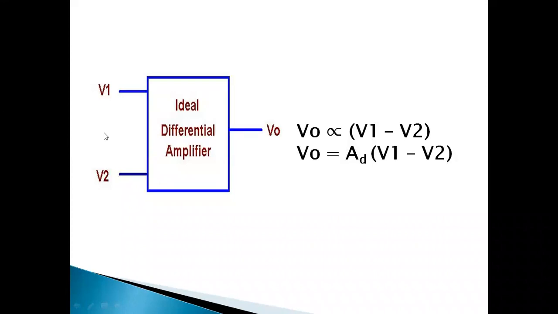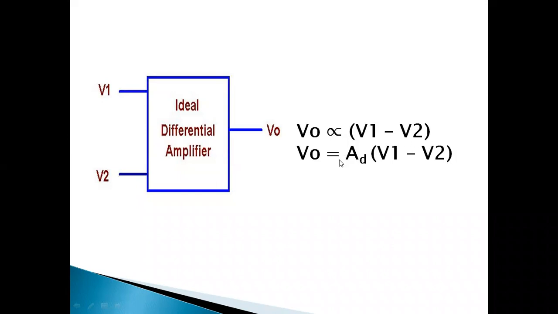The difference of these two input signals is represented as V1 minus V2. The differential amplifier amplifies the difference between these two input signals. Hence, the output voltage V0 is proportional to the difference of these two input signals, that is, V0 is proportional to V1 minus V2.